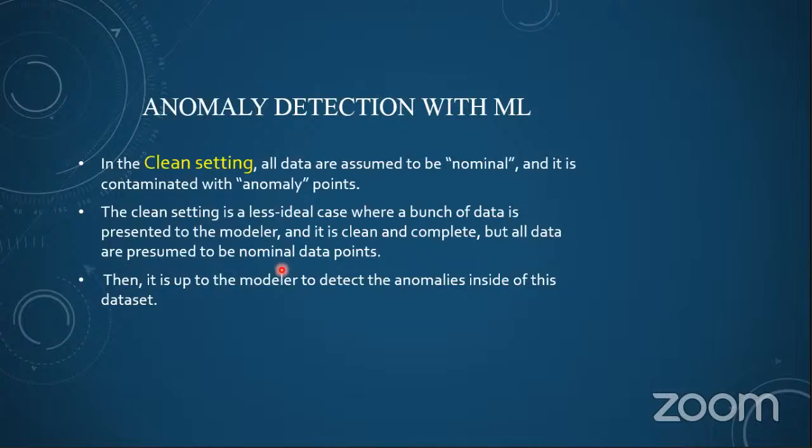So in this setting, the person who is creating the machine learning model makes an assumption that this particular amount of data is anomalous and the other set of data is nominal. So it is up to the modeler, the one building the model, to determine which data points are nominal as well as anomalous.